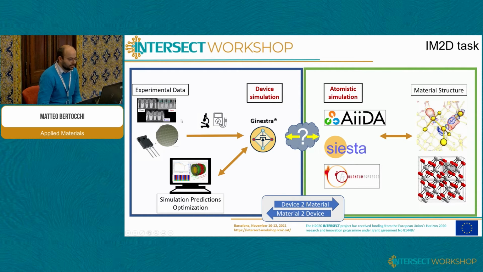As Johannes has shown you yesterday, we start from experimental data and we want to get an insight on what's going on. For example, understand if there are defects, which is the effect. Can we identify those defects? Or we want to run simulations just to make predictions and to drive the device fabrication or development.